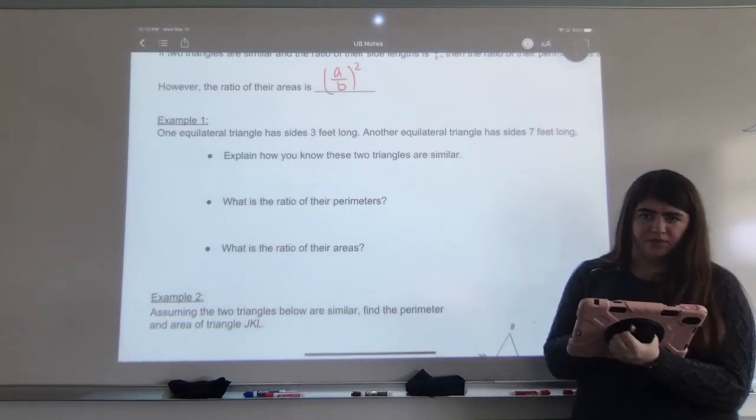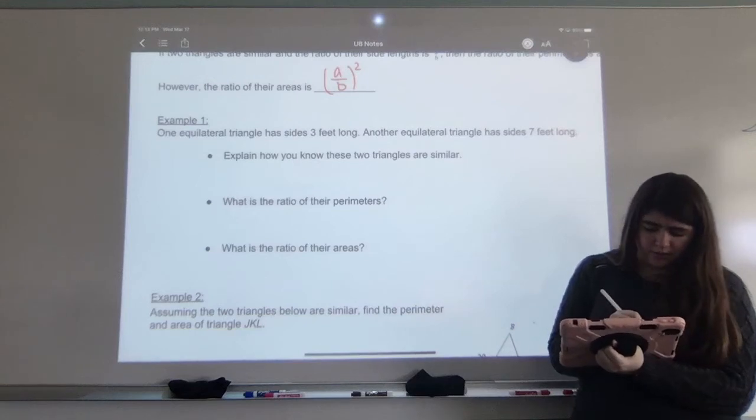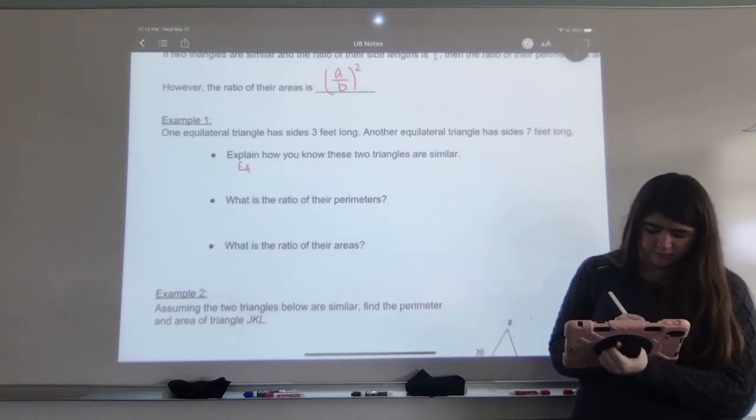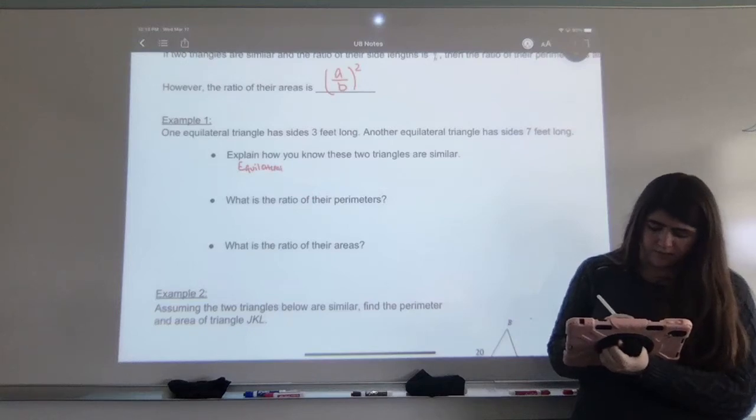So we will say that equilateral means all sides are congruent to each other.